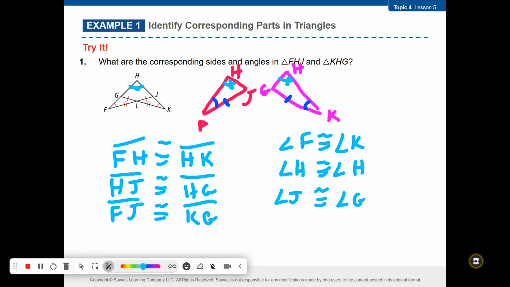So those are all the corresponding parts with all the congruency statements. All right? Does that make sense? Now, in the end, if you want to draw them out as two separate triangles, you can. You don't have to, though. It's just a tip. Okay? Whatever works for you works for me. Anybody still writing this down?